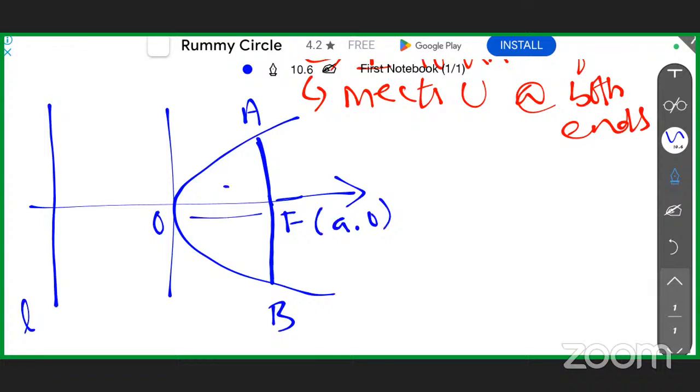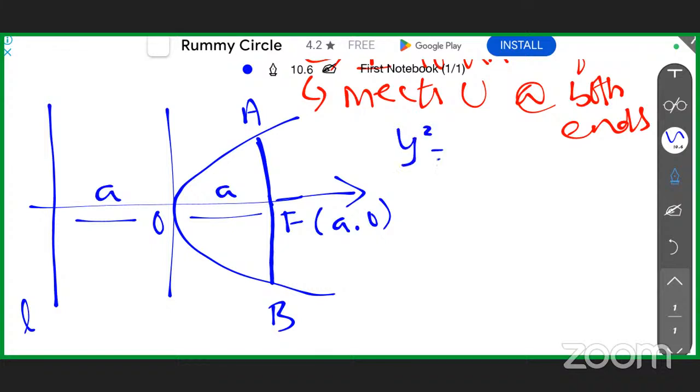This distance will be a, and this distance also will be a. Correct? Yes. So much we know from whatever we learned.